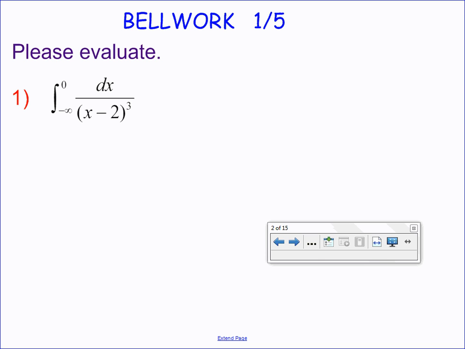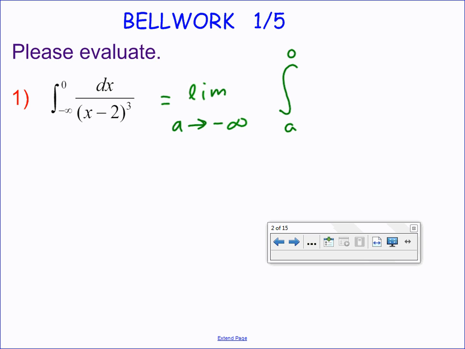And so what we'll do is consider what's going on with our lower limit there. Our lower limit is approaching negative infinity, right? So we'll rewrite this as the limit as my lower limit a approaches negative infinity, and then we can replace that lower limit of negative infinity with a.